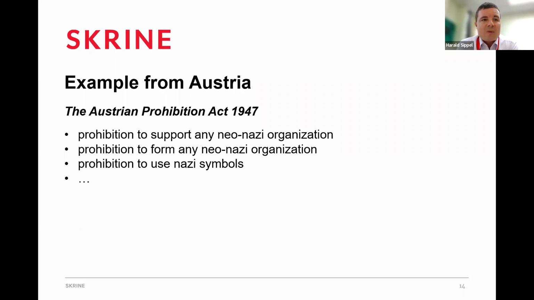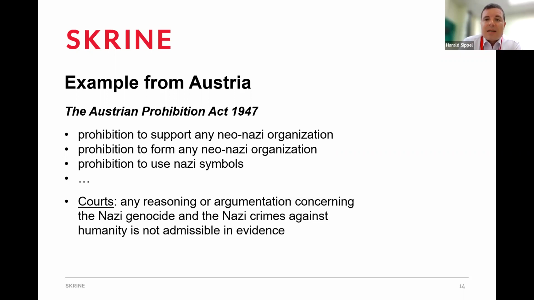And what's probably going to shock you even more is that the courts say, this is now standing jurisprudence in Austria, that any reasoning or argumentation concerning the Nazi genocide and the Nazi crimes against humanity is not admissible in evidence. So it's a given fact, you cannot argue about it.